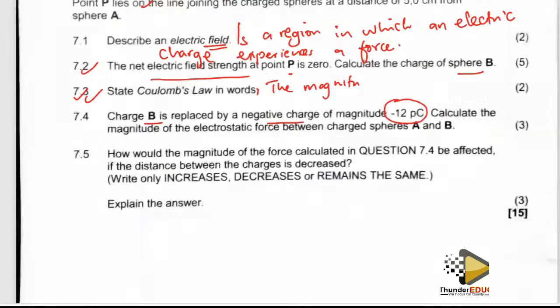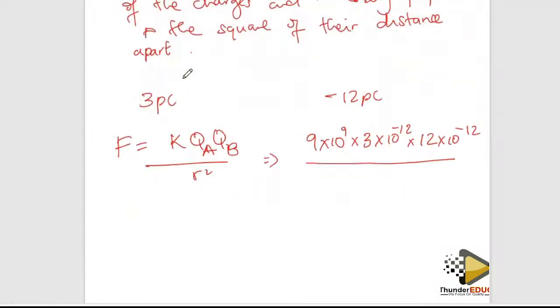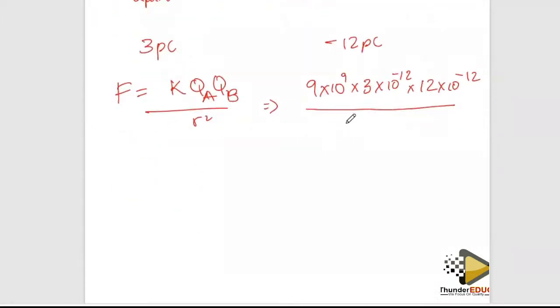The distance is still the same. So it's 15 cm, which means it's going to be 0.15 squared. You can do that and then put this in the calculator: 9 times 10 to the 9 times 3 times 10 to the negative 12 times 12 times 10 to the negative 12 over 0.15 squared.